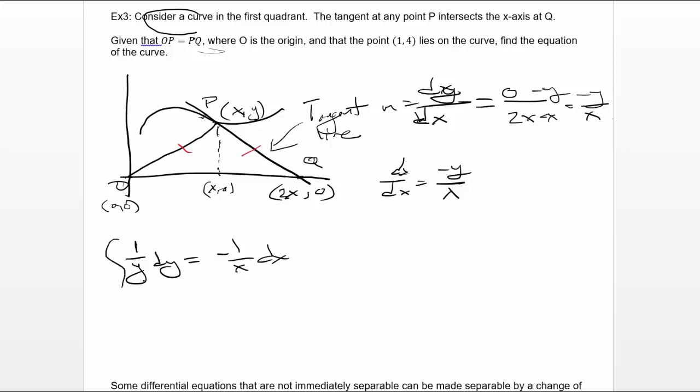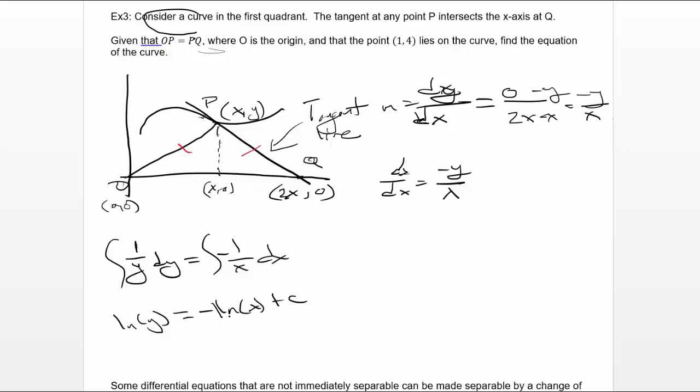I'll integrate both sides to undo these operators, and I get the natural log of y is equal to minus the natural log of x plus c. Minus natural log is like minus 1 times the natural log. Note the property of logs: any constant times a log, I can bring that constant inside and make it an exponent.